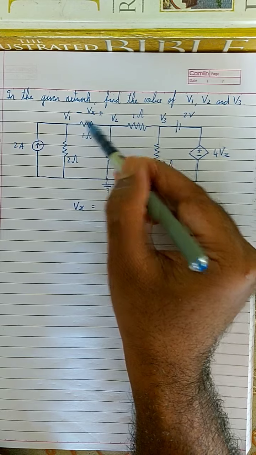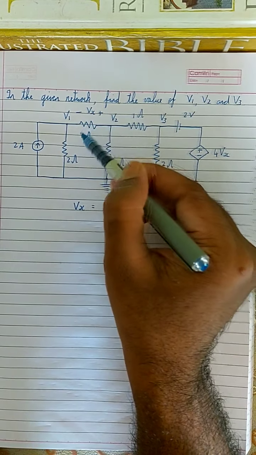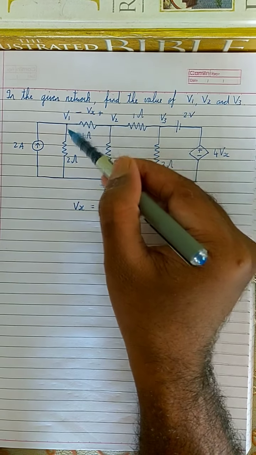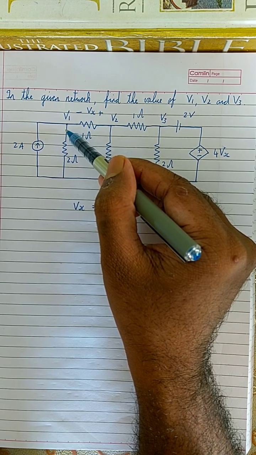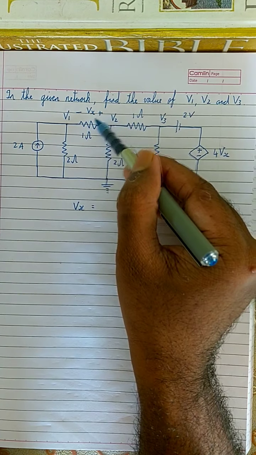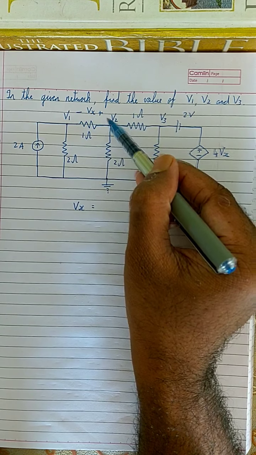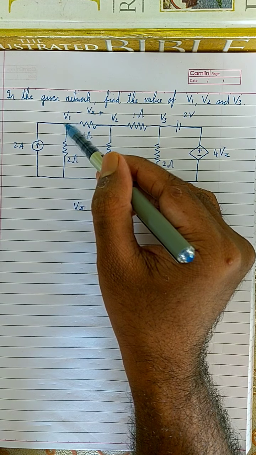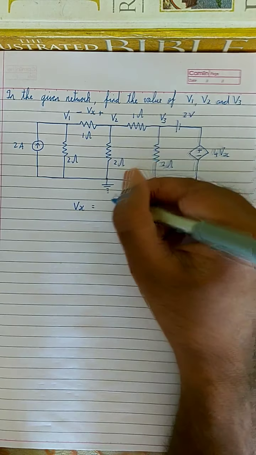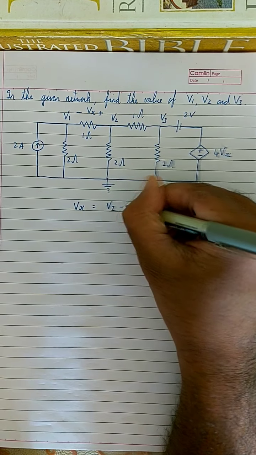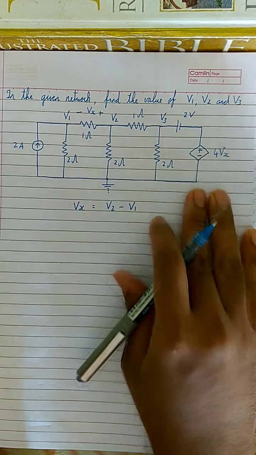Vx is the voltage across this resistor, and on one end of the resistor is V2 and the other end is V1. And since Vx is marked like this, plus and minus, this is higher potential, this is lower potential. So therefore, what is the value of Vx? V2 minus V1. That's all.